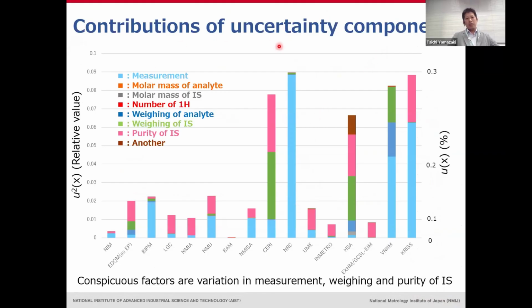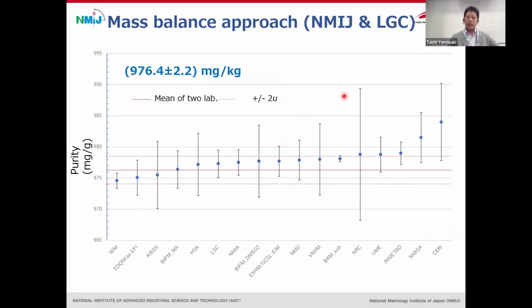So this is the contribution of uncertainty components. There are many differences between the NMIs. Some laboratories show the main component is measurement repeatability, and some laboratories include weighing.